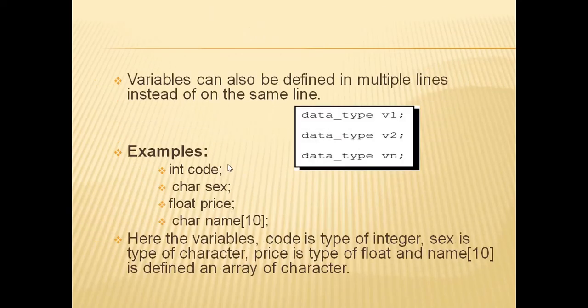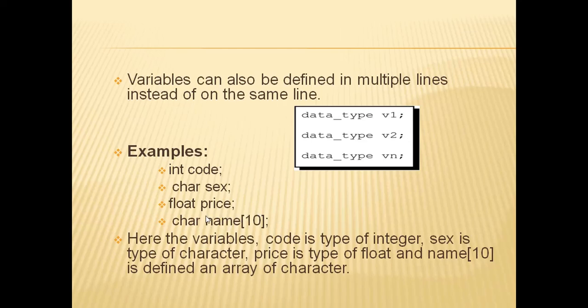An example of multiple line declaration is: int code, so this code is of type integer data type; and char sex, where sex is of type character data type; and float price, where price is of type float data type; and char name, which is defined as an array of characters, and name is the variable name of that array.